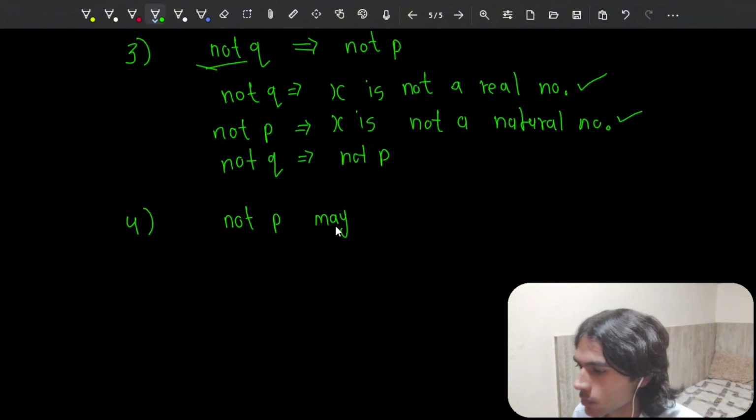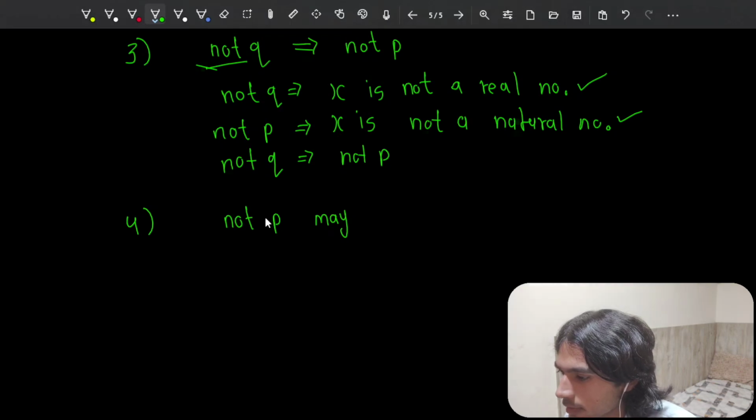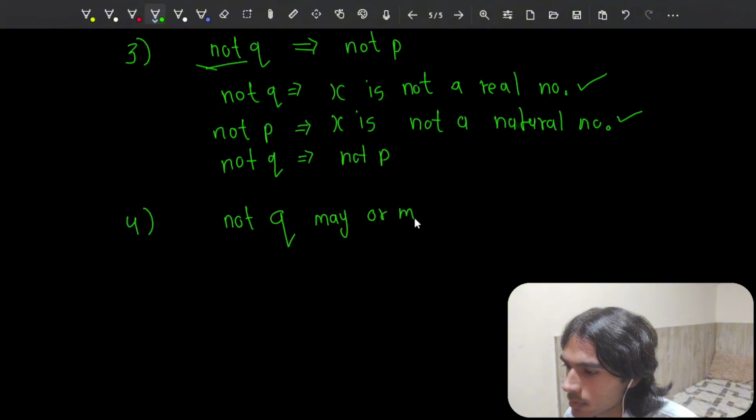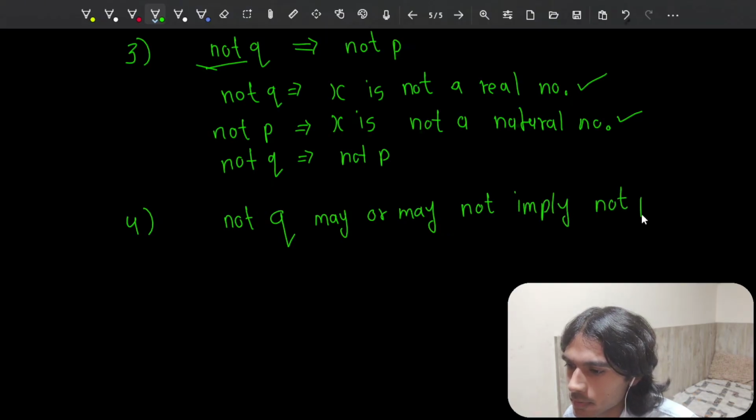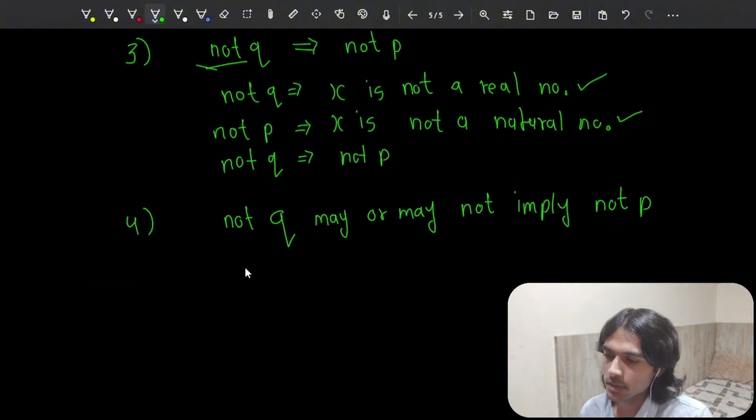I think not Q has to be there. So let me just write not Q may or may not imply not P. So let's say not Q. So X is not a real number.